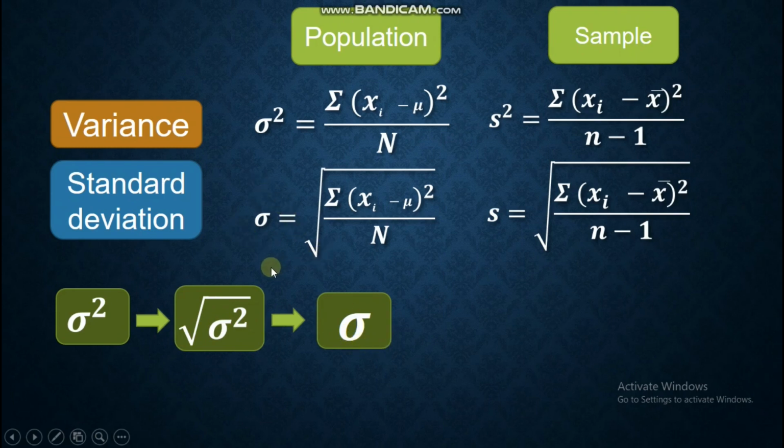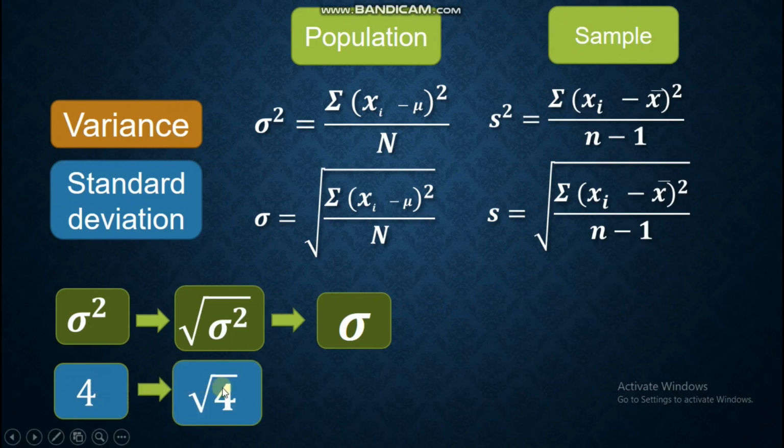So it only means that you can have the standard deviation without the given data if the variance is given. So if the variance is 4, and when you square root 4, you have the answer 2. So the 2 here is your standard deviation. Okay, so that is the relationship. The square root of the variance is the standard deviation.